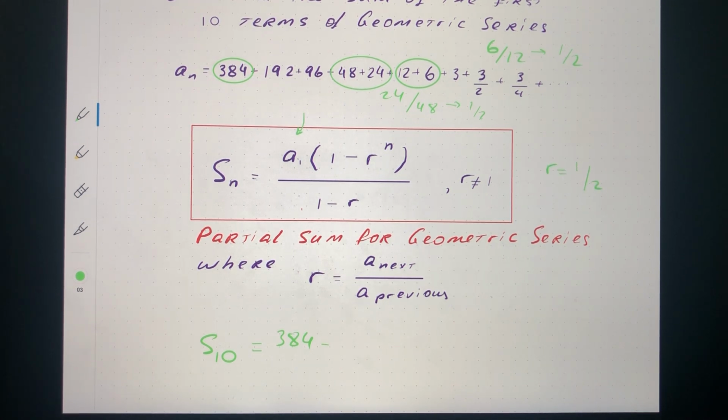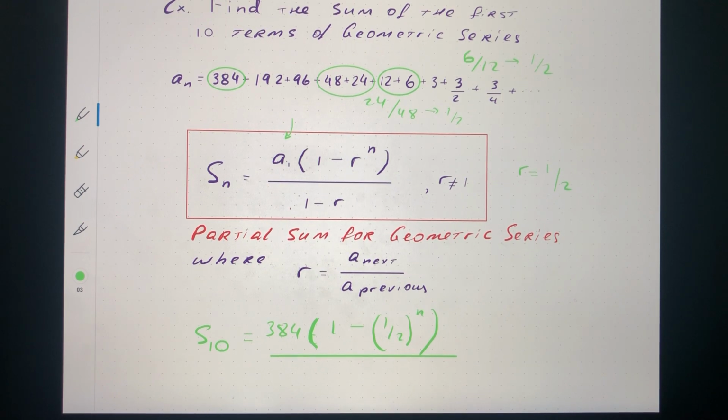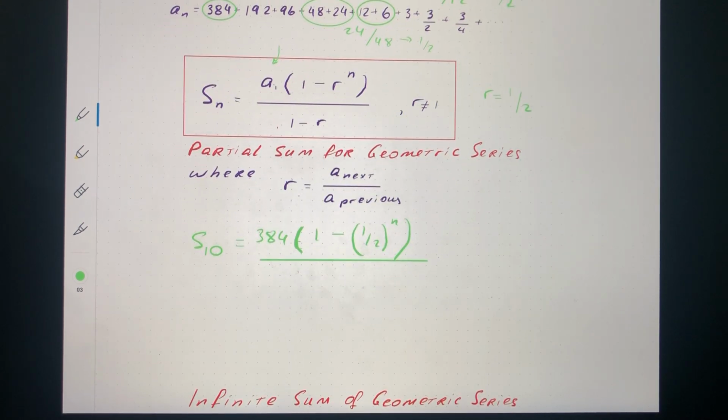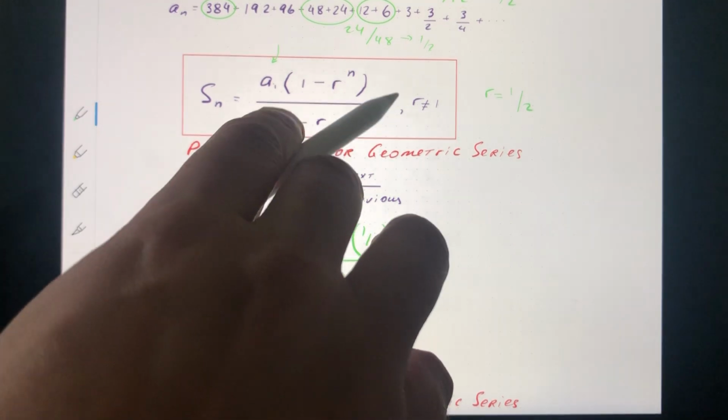So using our formula then, we have 384 times 1 minus the ratio, which is half, to the power n, and then all of it is divided by 1 minus the ratio, which is again half. We just have to make sure that r is not 1.